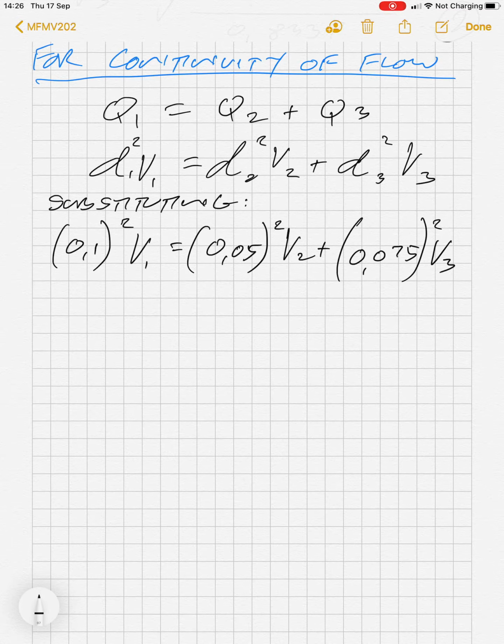So we've just made an equation in terms of velocities instead of discharges. V1 is equal to 0.25 V2 plus 0.5625 V3.